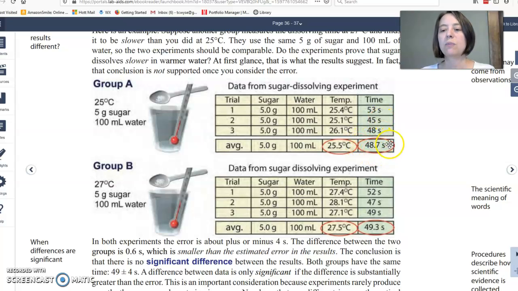Our uncertainty is about 4 seconds: 48 plus or minus 4 is our range, our top and our bottom range. And over here, 49, and that's plus 3 minus 2. So the uncertainty in our measurements is 2, 3, or 4 seconds.